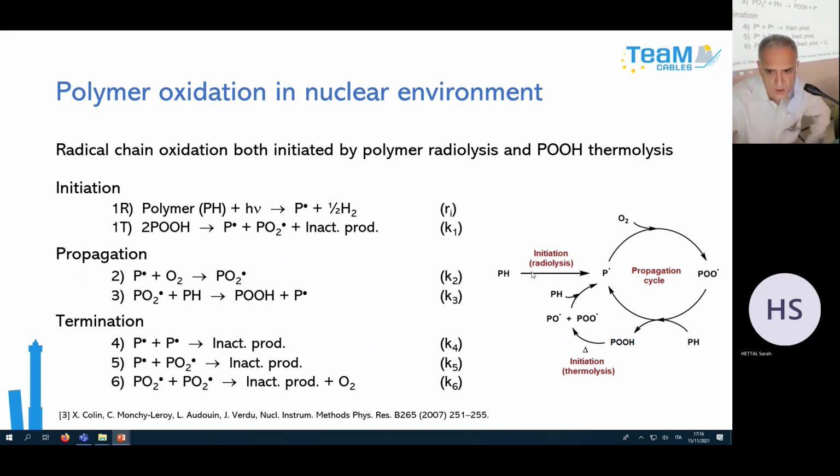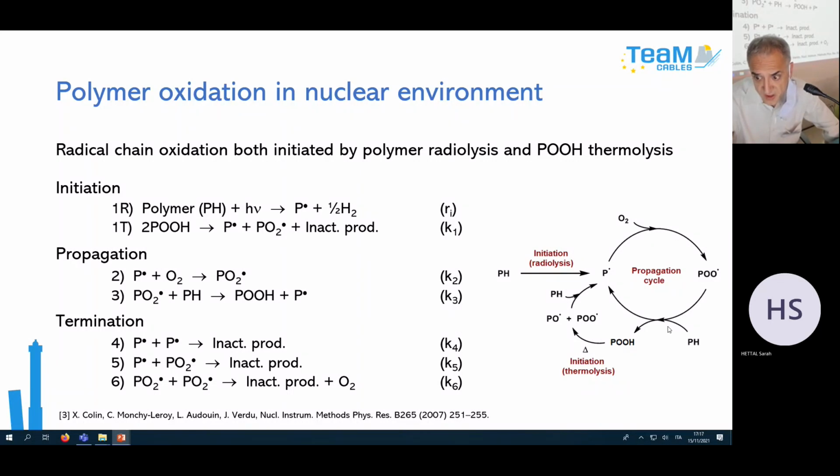You can see that the radiolytic initiation has been voluntarily considered as an initiation extrinsic to the reaction medium, because it is generated by an external source of irradiation, unlike the thermal initiation, which is combined with the propagation of the oxidation.